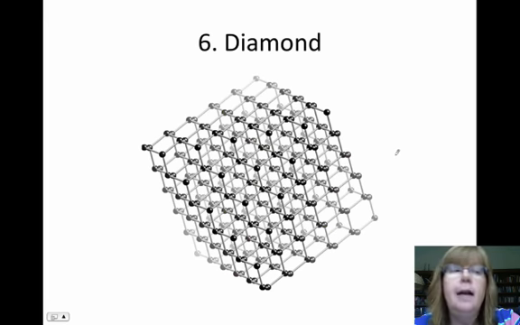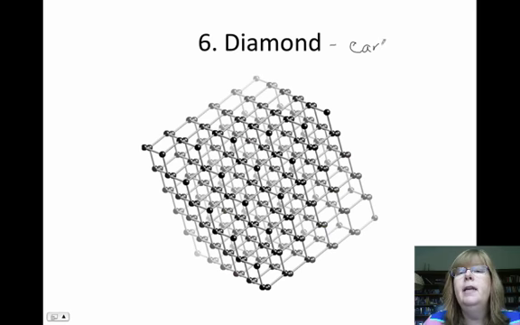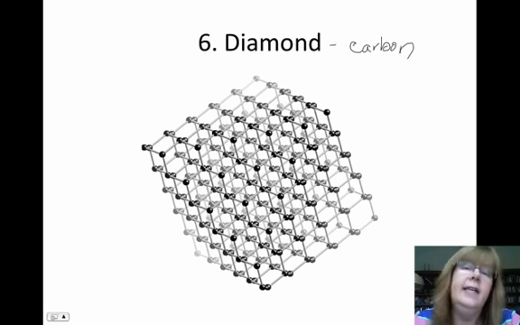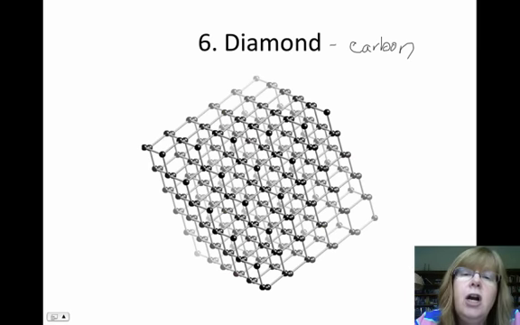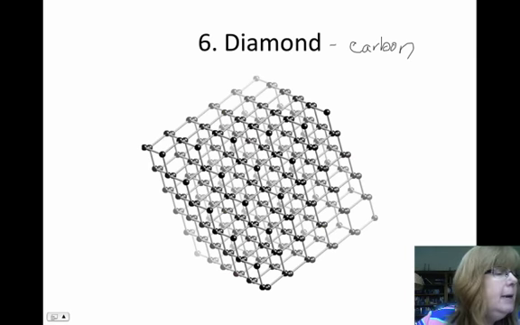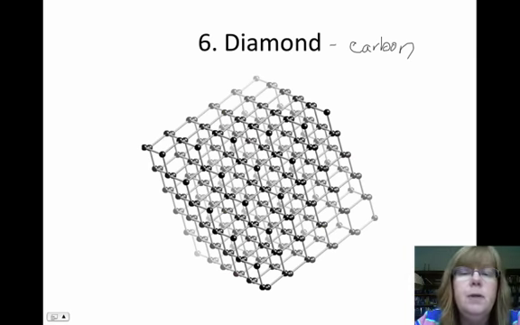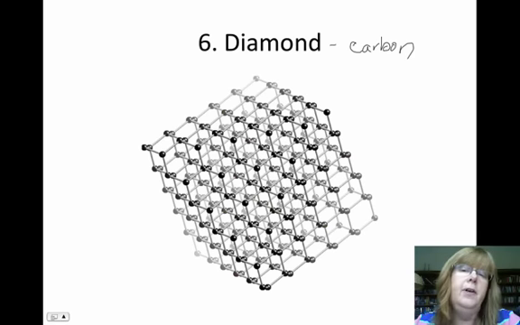All right, diamond. Believe it or not, diamond is carbon. And here is the structure of diamond. So every single one of these little round balls is a carbon atom. Diamond is the hardest thing that is naturally occurring on Earth, and each carbon atom is surrounded by a tetrahedral arrangement of other carbon atoms.